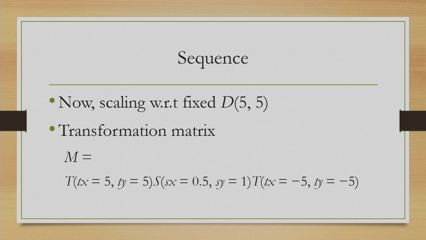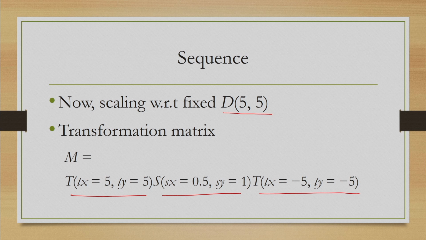So, if we apply the previous approach that we outlined, here we are performing scaling with respect to this fixed point, and the composite transformation matrix can be found by multiplying these three matrices. So, first we translate this fixed point to origin. So, T x will be minus 5, T y will be minus 5.